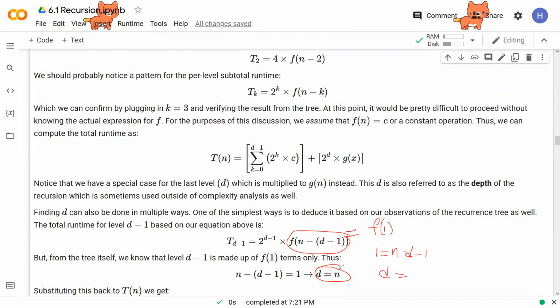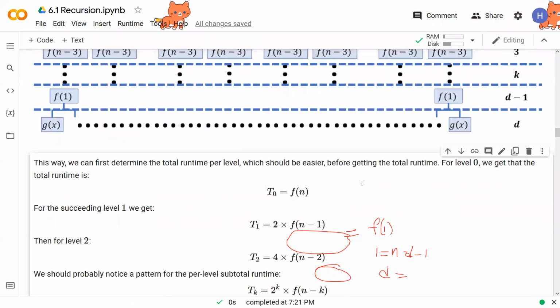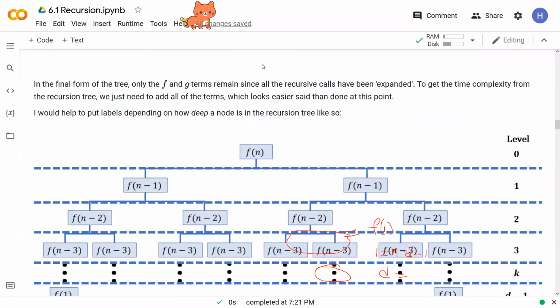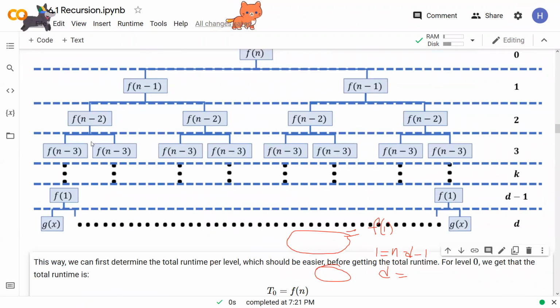Nandito. So, now that we have a value for d, well, actually, pwede nyo rin i-deduce dito. Nag-start tayo with n, naging n minus 1, n minus 2, n minus 3, etc. Naging f of 0 dito. So, pag naging 0, that means n minus n. So, yung ating last level ay d.